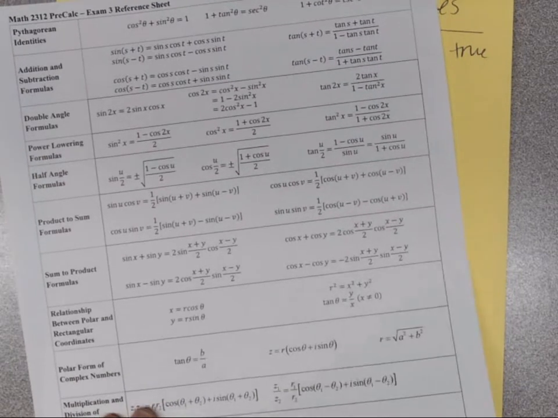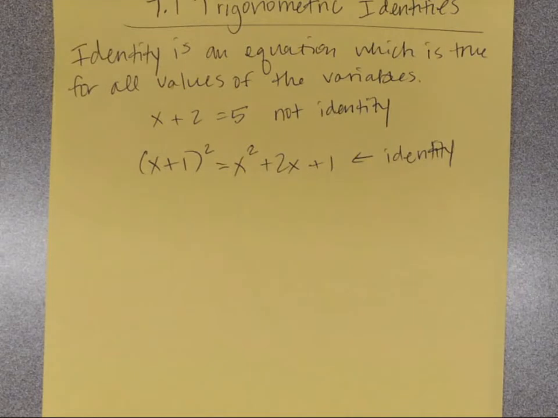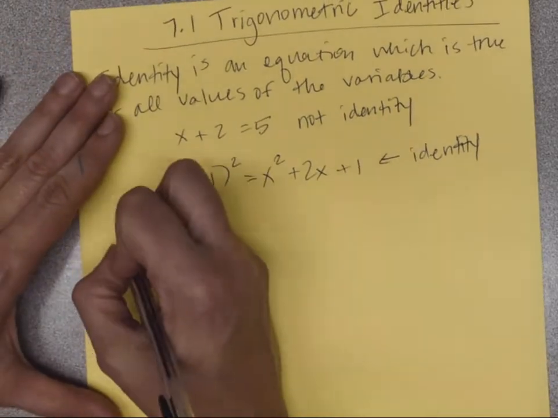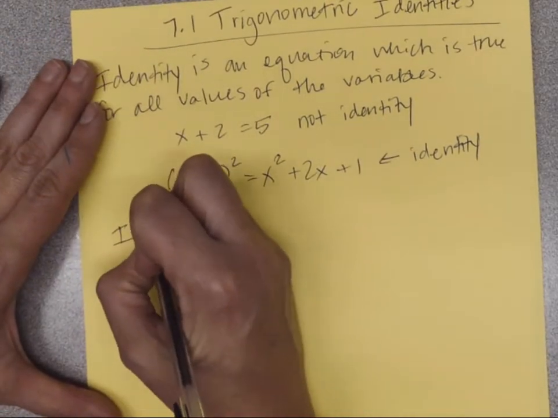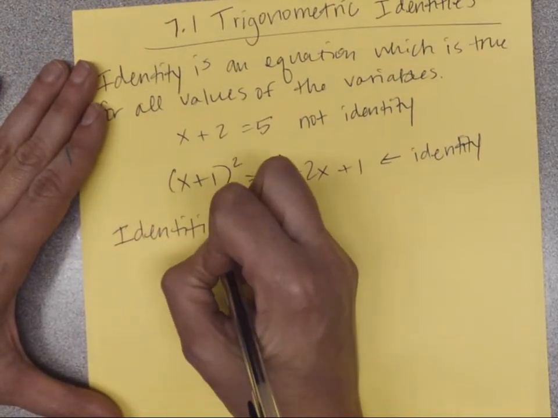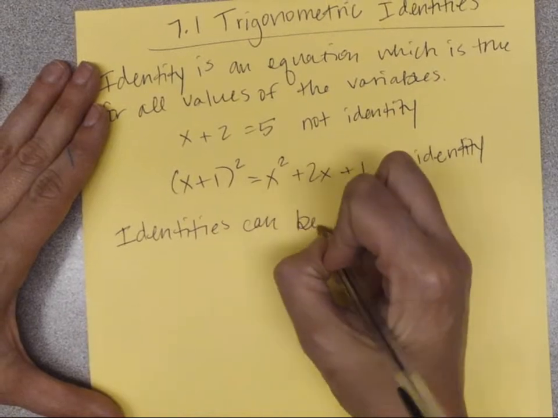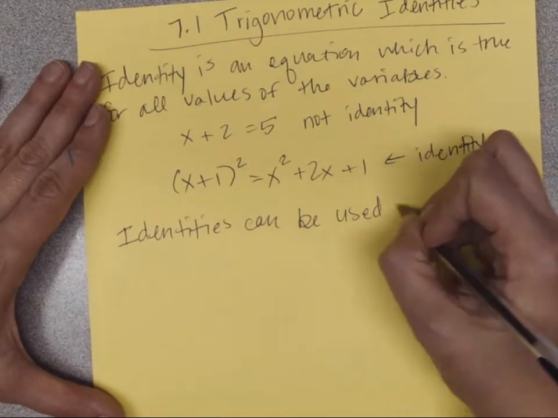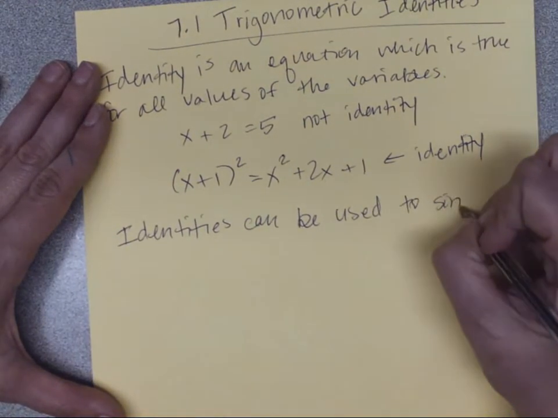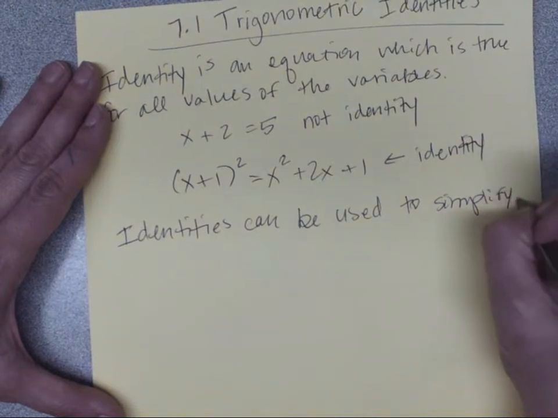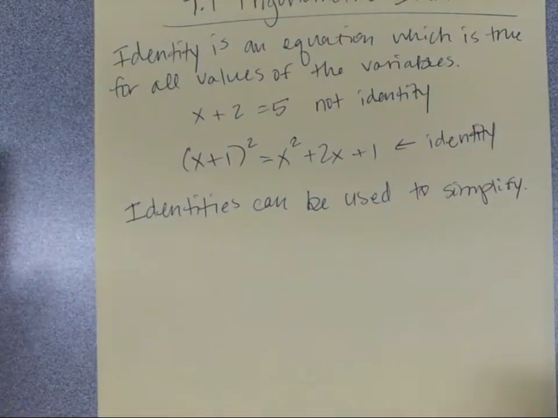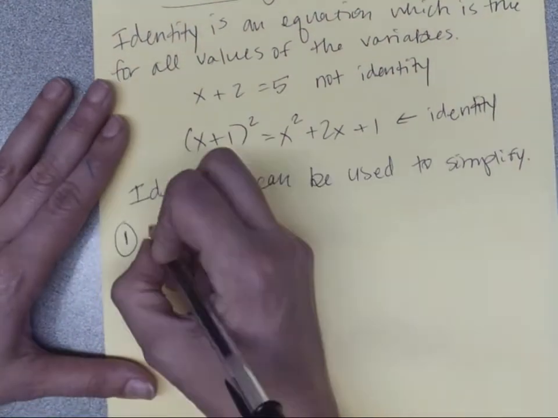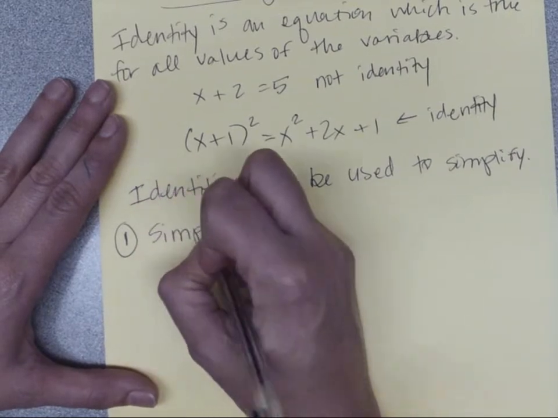Okay, so what we are going to be doing in this section is we are going to be using identities to simplify trig expressions. Okay, so identities can be used to simplify, and that is the purpose of them. So for example, if I had the problem, the directions would just say to simplify.